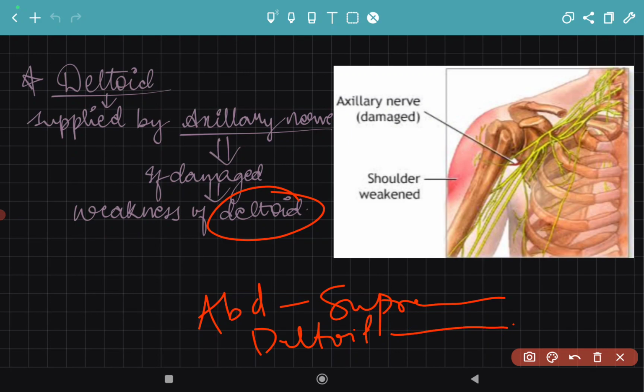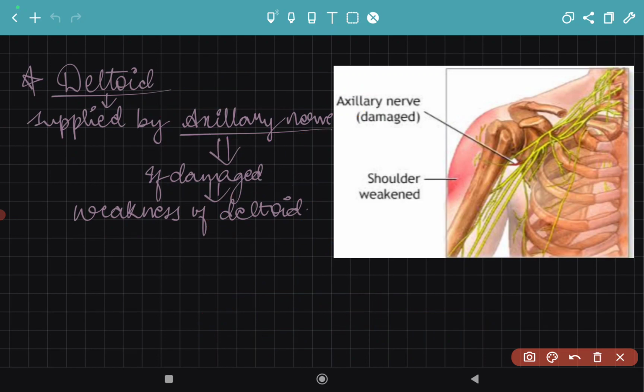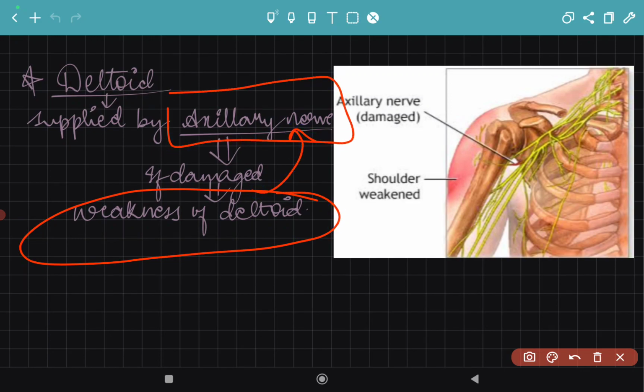So if there is pain or restricted range of motion of shoulder abduction due to weakness of deltoid, the reason may be damage to axillary nerve. So if there is any damage to axillary nerve, that means there is weakness of deltoid. Or vice versa, the reason for the weakness of deltoid can be damage to axillary nerve, which can be one of the reasons.